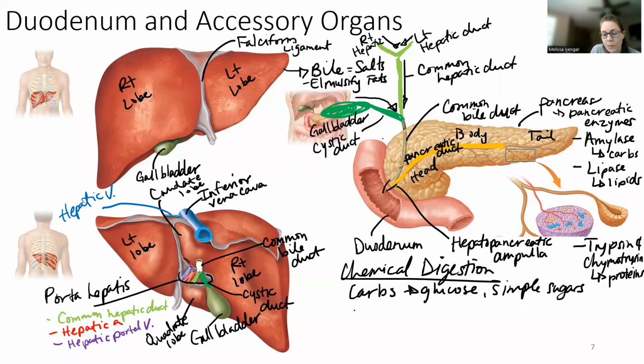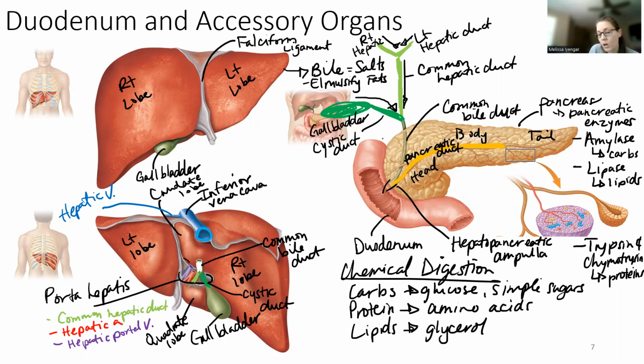We're going to have proteins, which get broken down by trypsin and chymotrypsin, and become amino acids. And then we're going to have lipids. Lipids get broken down into glycerol or glycerol and fatty acid chains.